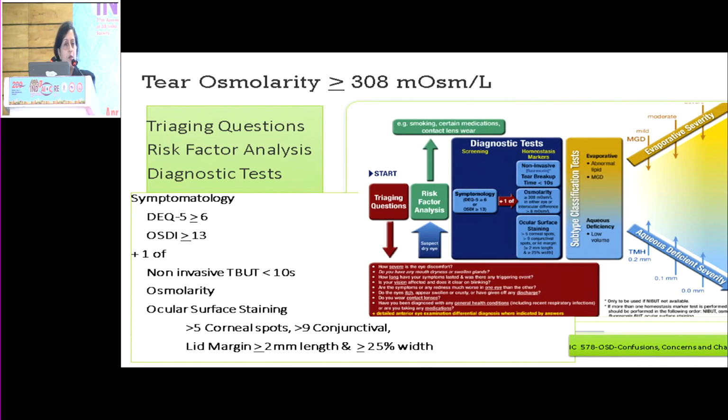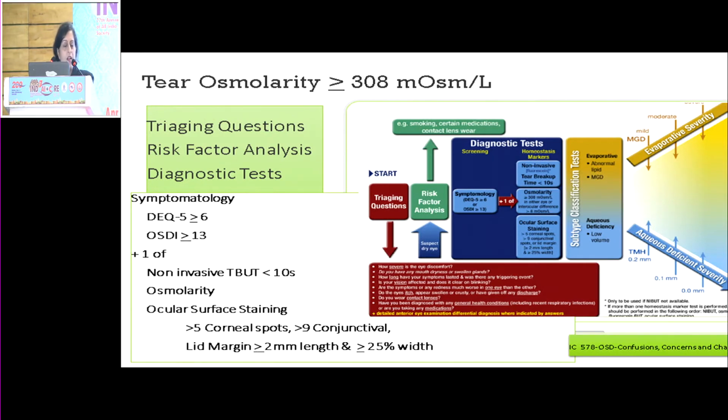You have a systematic approach, not doing the whole battery of tests on everybody. Do a risk factor analysis; don't forget to ask about smoking, contact lens use and chronic medications. And then you have the symptomatology. You can either use the DEQ5 or OSDI, and if it's more than or equal to 6 or 13, it's abnormal. And then you can do one of the additional tests, either a non-invasive TBUT, which would be less than 10 seconds.